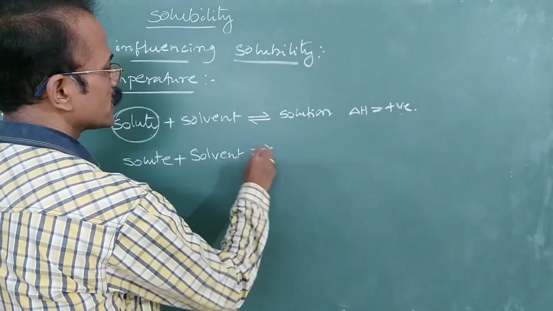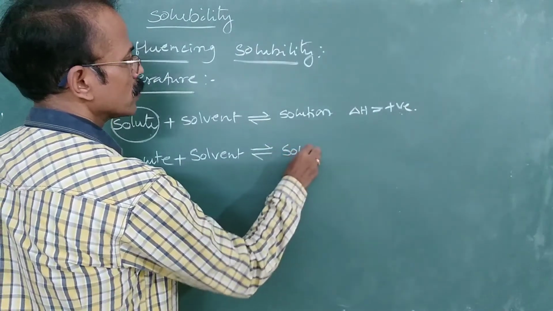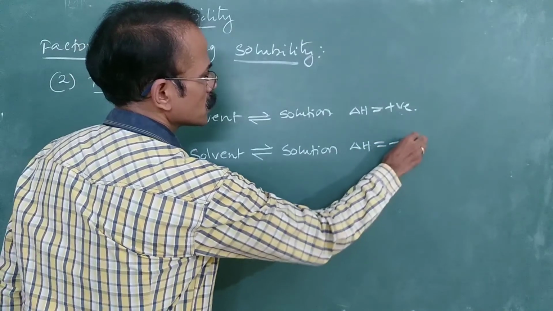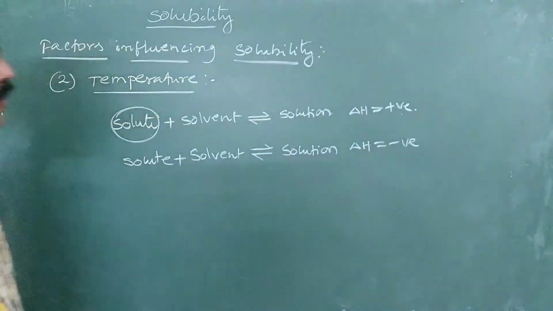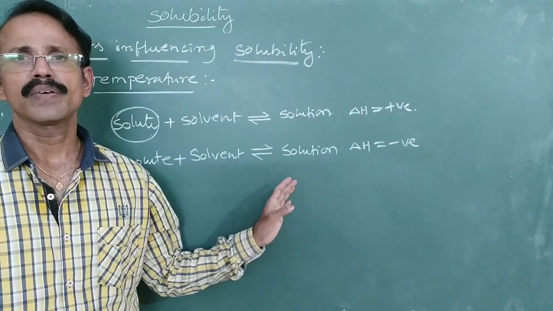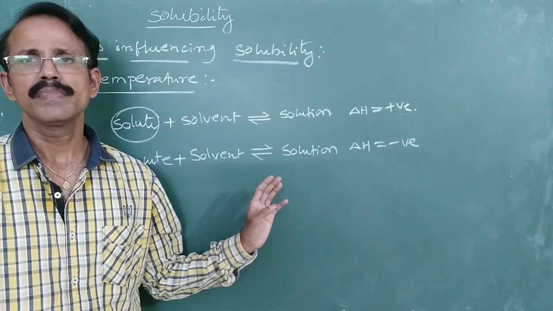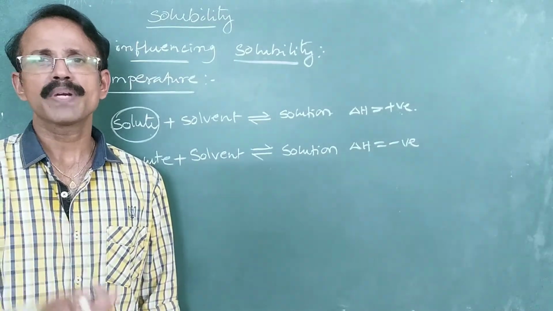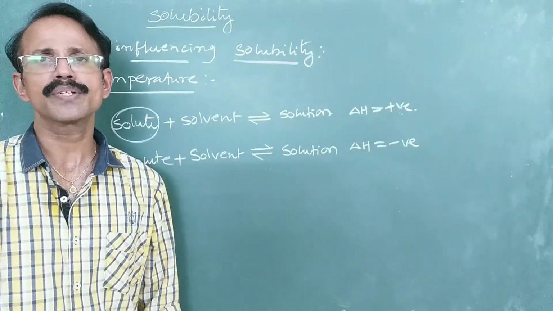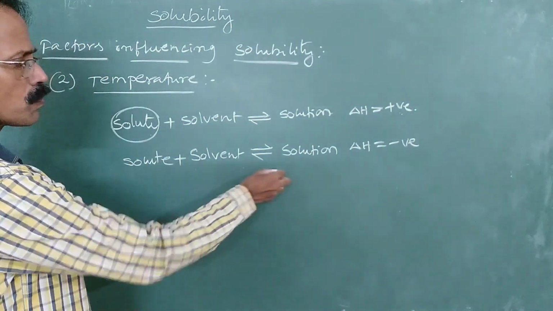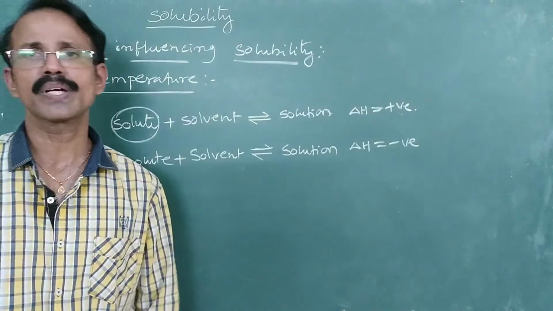Suppose the formation of solution is exothermic, then what happens? Suppose it is also at equilibrium. Here the enthalpy change is negative in the forward direction, and as per Le Chatelier principle, if the system is at equilibrium and you increase the temperature, the reaction takes place in the direction of absorption of heat. Heat absorption direction is the backward direction, so the backward reaction takes place if you raise the temperature.